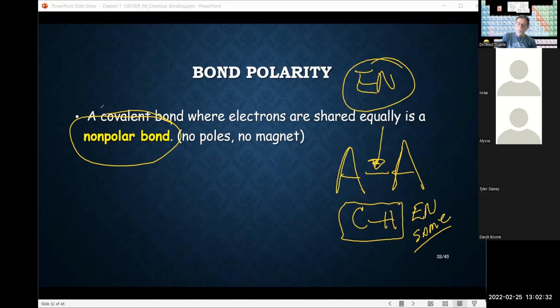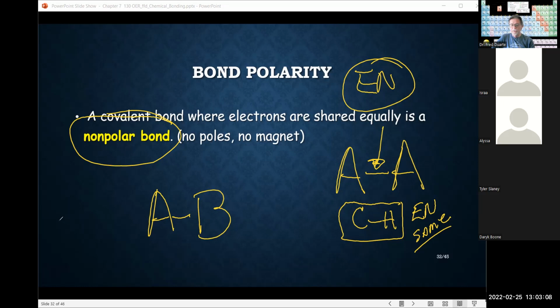Okay, what do we mean by polar? Well, things around you, we live on a polar planet, do we not? We have a North Pole and a South Pole. The battery operating your electronic device right now is polar. You've got a positive and a negative. So when you have a displacement between two atoms that are dissimilar, the best way to analyze that is to say A bonded to B, where B is a totally different species.